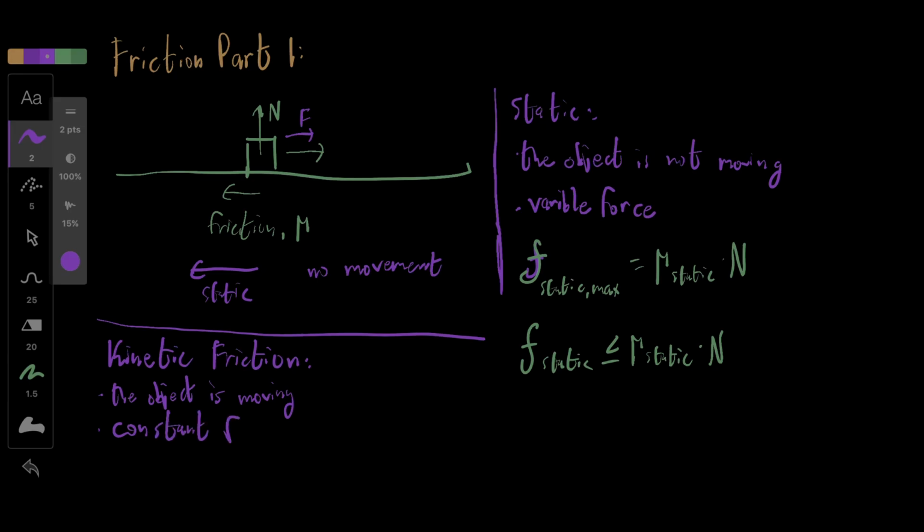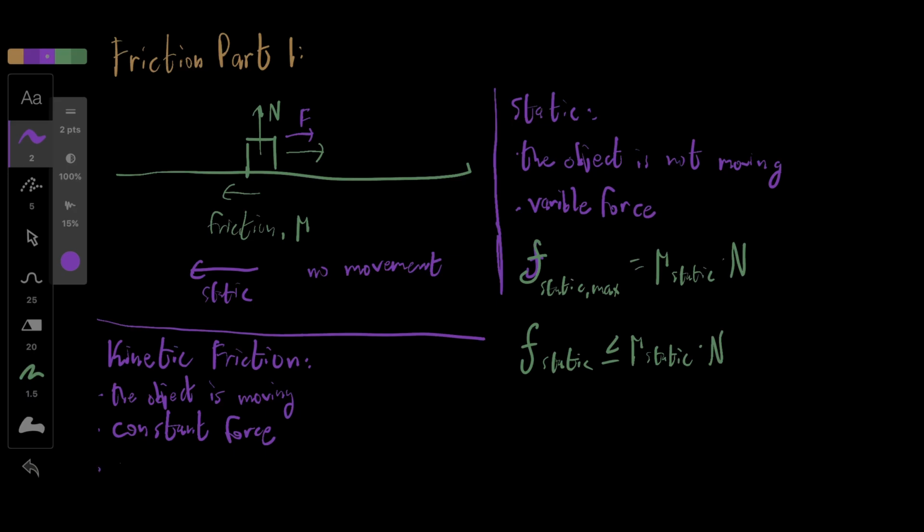It doesn't have any variable change. It can't take on multiple values. If you know the coefficient of kinetic friction and if you know all the variables involved, you can predict it completely with accuracy. But with static friction, it could take on multiple values depending on how much force we put onto it.